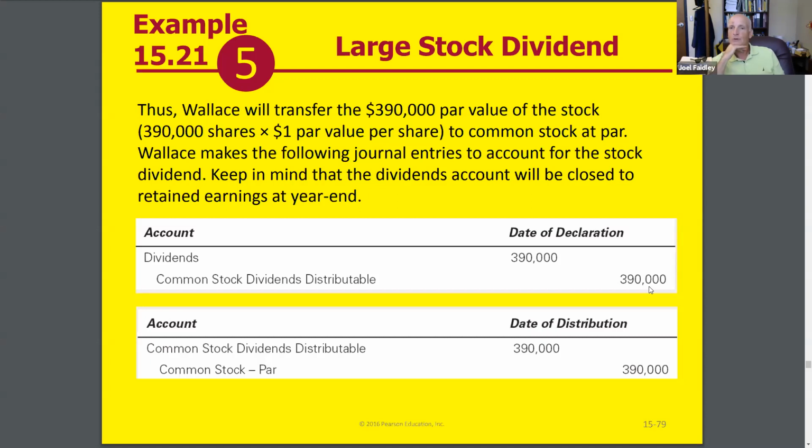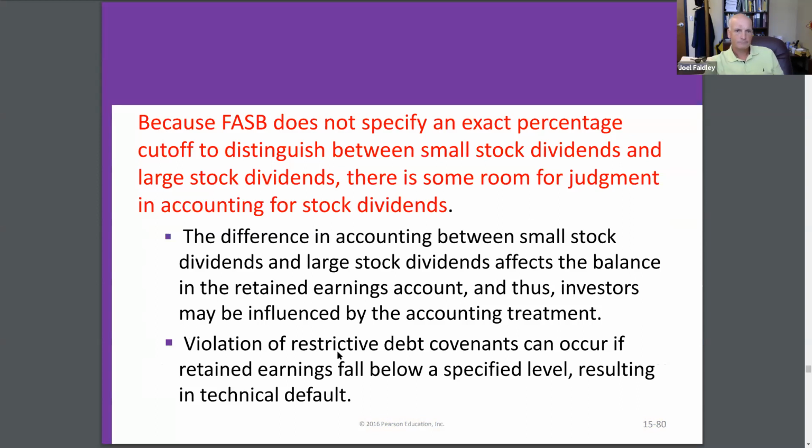It's the conservatism principle. That's why we're using the par value on a large dividend and market value on a small stock dividend, less than 20 to 25%. So here, all of it goes to common stock dividend distributable. You don't see any additional paid-in capital because if it's at par, there's not. So that's at the date of declaration, and then at the date of distribution, we just zero out CSDD and put it to common stock par.